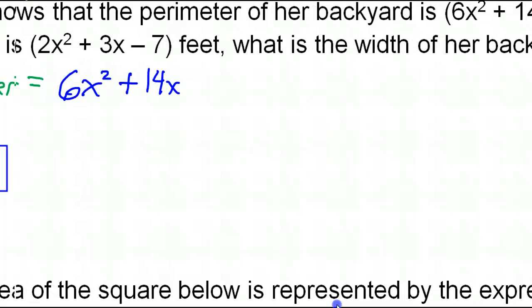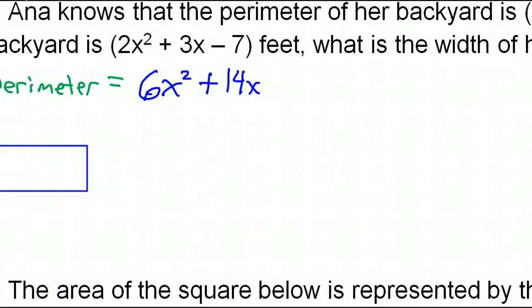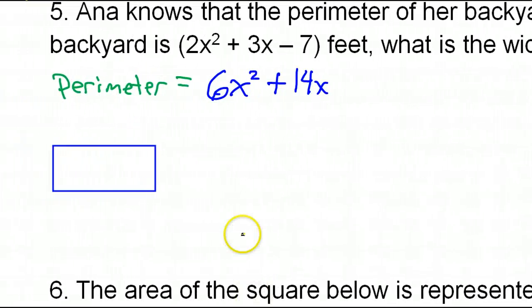Now, if the length of her backyard is this, then what is the width of her backyard? Okay, the length of her backyard is right here. So they're saying that if this is the length, so this is 2x squared plus, you know, I need to zoom in even more.